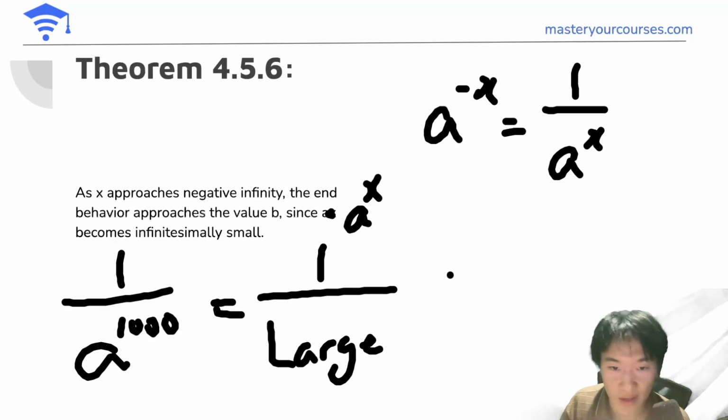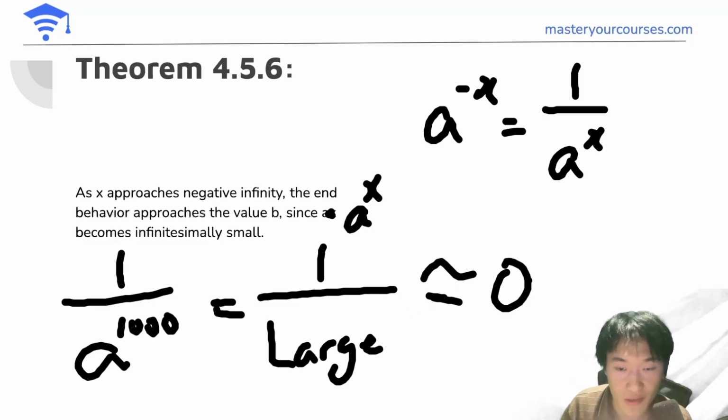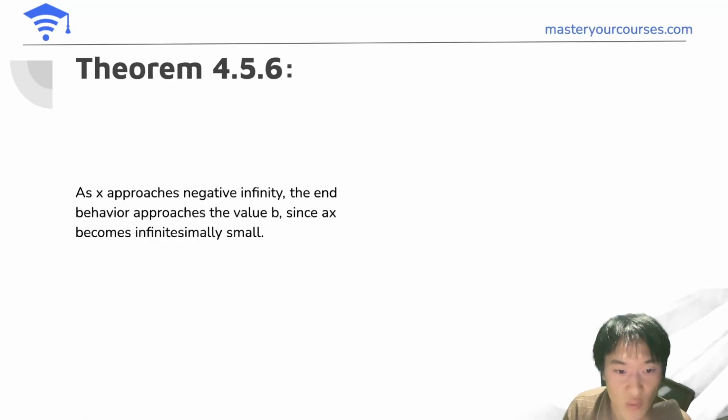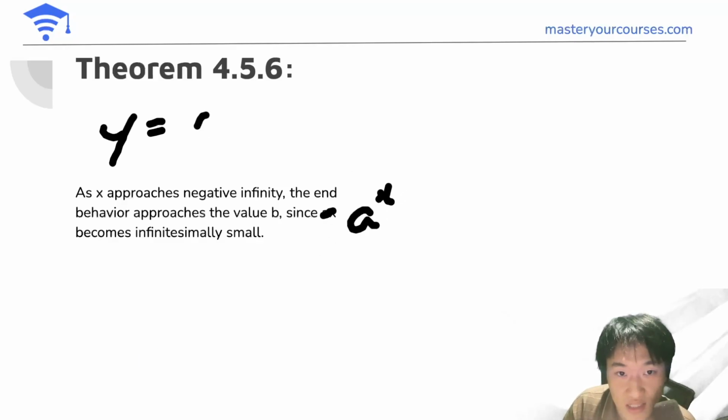Well, what's 1 divided by a large number? Well, it kind of gets close to 0. It's not exactly 0, actually. But it gets very close to 0. It's very small. So when we think about what's going to happen on the end behavior of this function, you have to look at the b value, the constant that you're adding at the end of the equation here. So if I were to write this out, it's like y is equal to c times a to the power of x plus b, right?